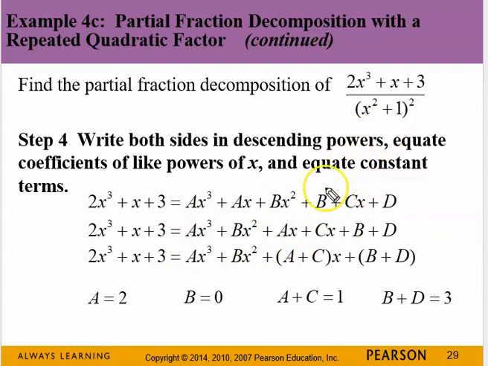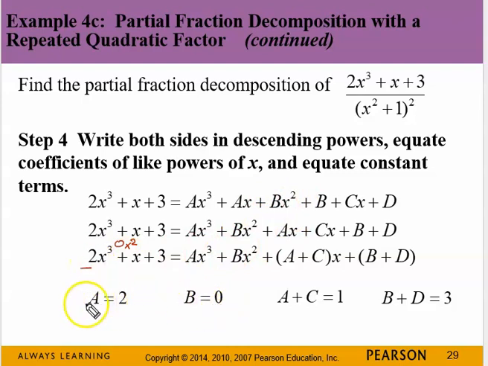Matching this up now with our constants. Here we have, to the third power, we have a 2. Now, there is no 0x to the second power. So our b value here would be a 0.